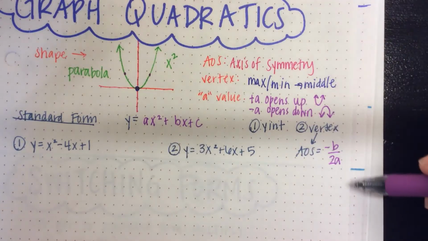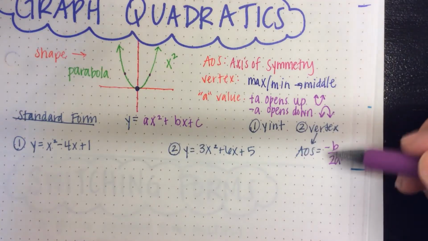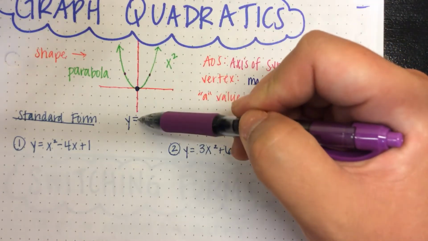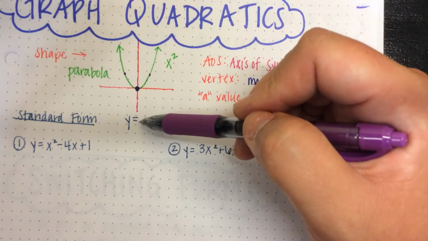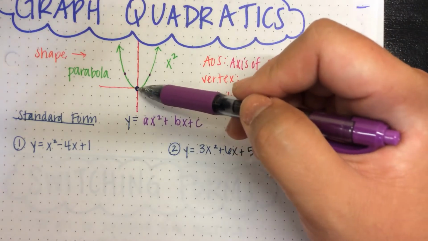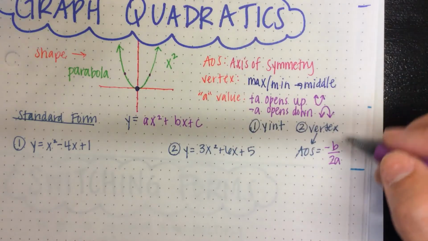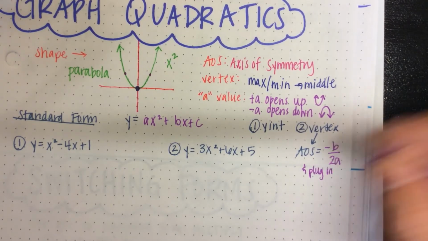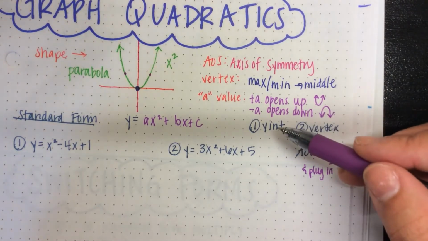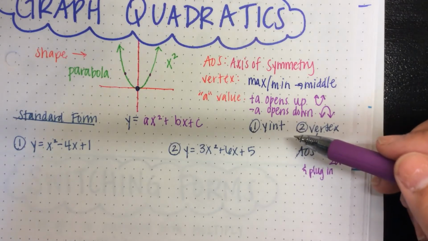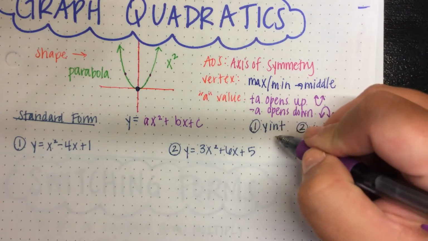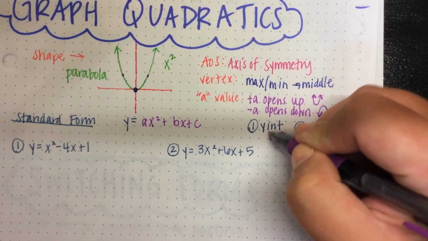So I do negative b over 2a. That's going to give me my axis of symmetry. That's going to give me this line that my vertex is on. Well, that's the x value of my vertex. So to find the vertex, I just have to plug in that axis of symmetry. So we're going to say and plug in, all right? The y-intercept I put first because that's the easiest thing to find. You can find that immediately, and your y-intercept is always 0, c.